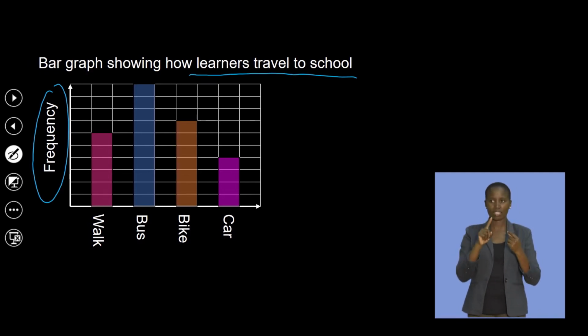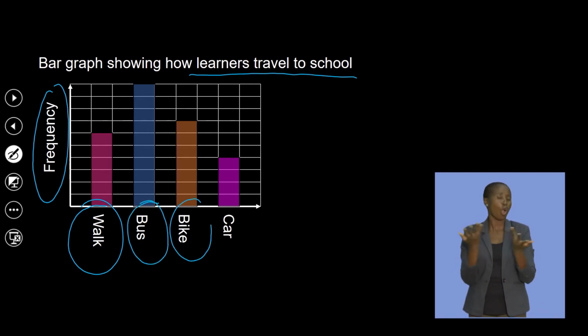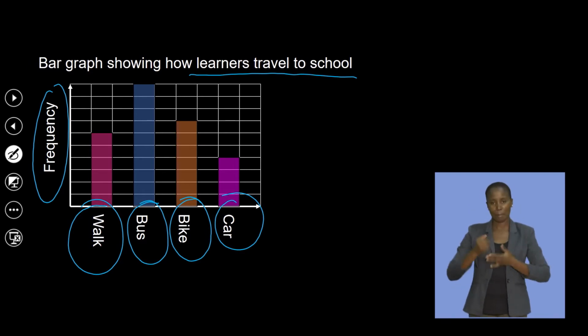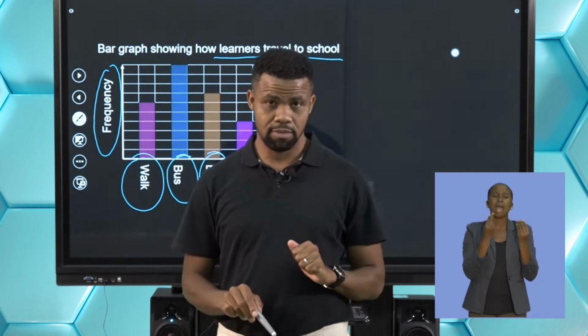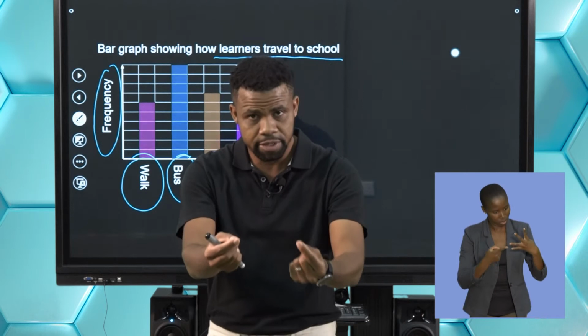So learners can walk, take a bus, bike, or car. Frequency will be how many learners walk to school. You count them. That will be the frequency.